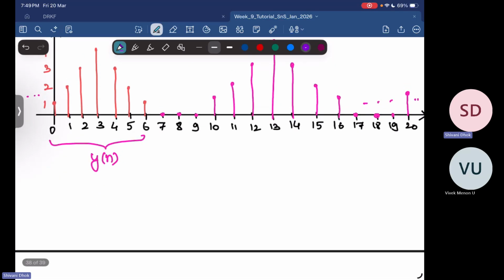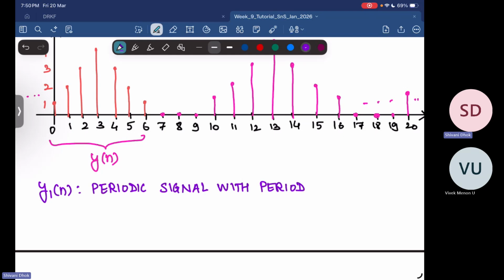So what do we see? So your y1 of n is a periodic signal with fundamental period N equal to 10. Omega naught is 2 pi by 10, that is pi by 5.